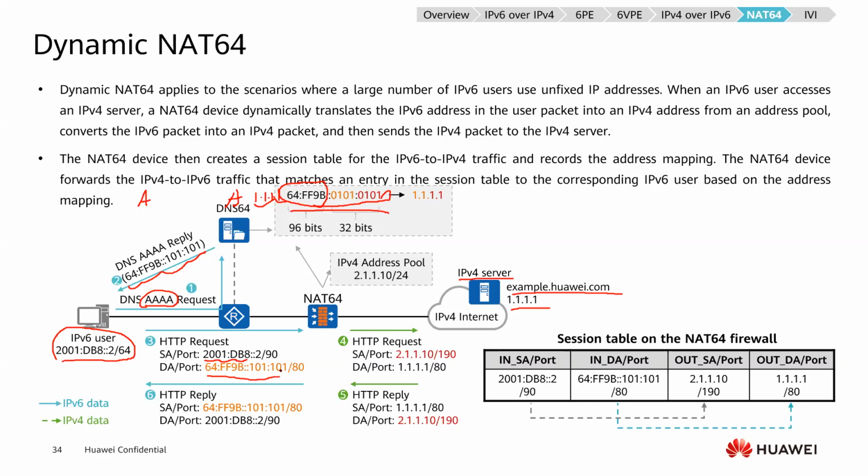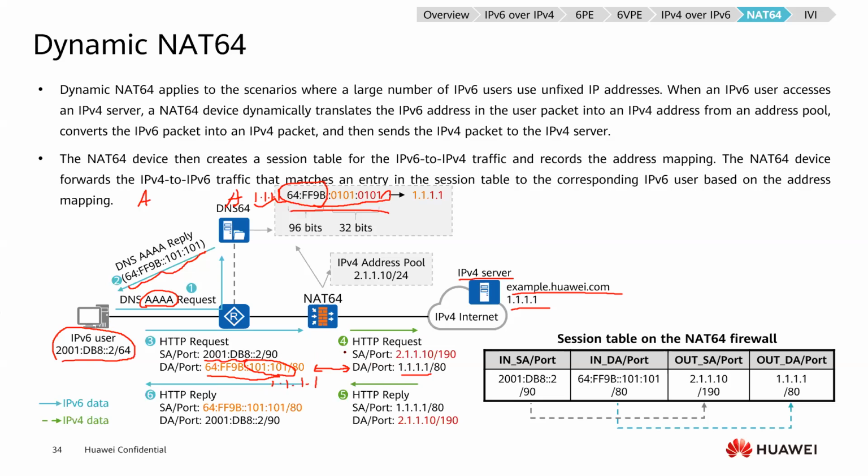When the NAT64 translator receives it, it will transform the destination address to the IPv4 address, just finding the destination IP address from the destination IPv6 address, which is 1.1.1.1.